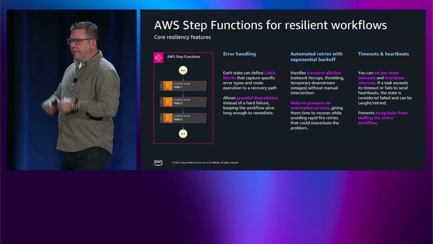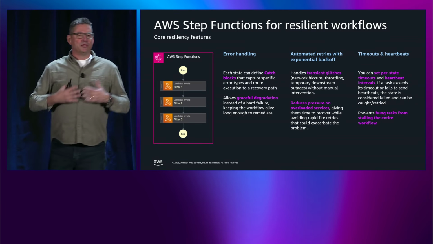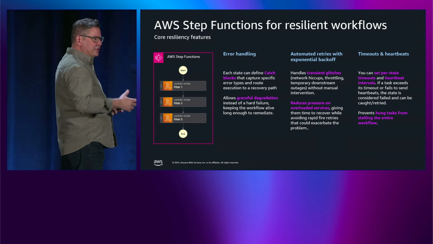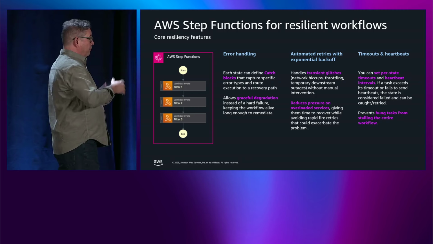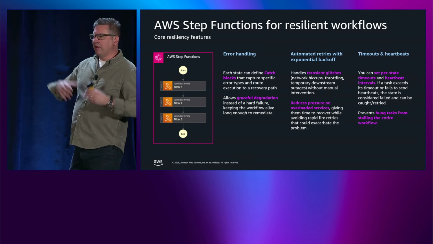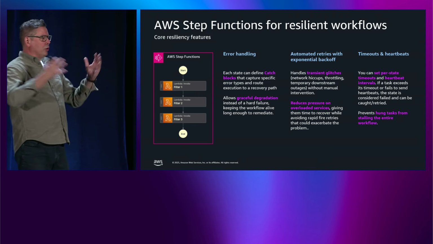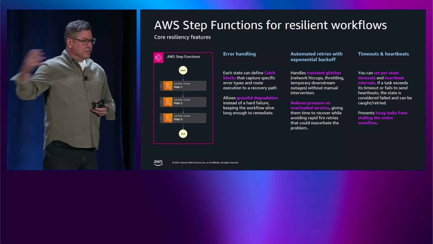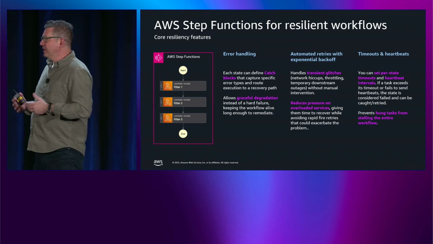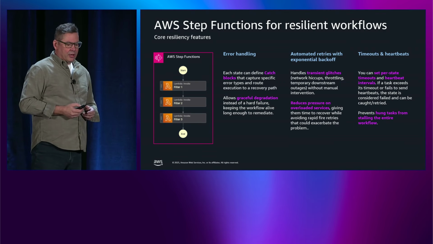Now, another implementation of pipes and filters, arguably, is using Step Functions as a means of building resilient workflows. If you're familiar with Step Functions, it allows you to build state machines that follow a sequence of steps that allows you to fulfill some business outcome over a long period of time. And with that comes a whole range of capabilities that help you build more resilient workflows and implementations for your applications, such as error handling.